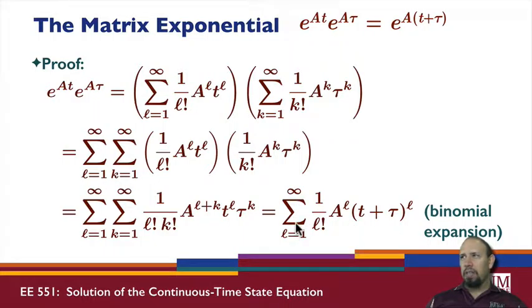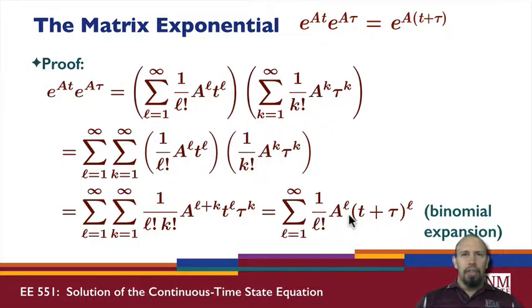So we're left with this expression, which is the expression for e to the A(t plus tau). It's fairly complicated, and we need to pull out some pretty heavy-duty summation theory to be able to pull this off, but it's all very straightforward. So there's a number of properties that are important to us.